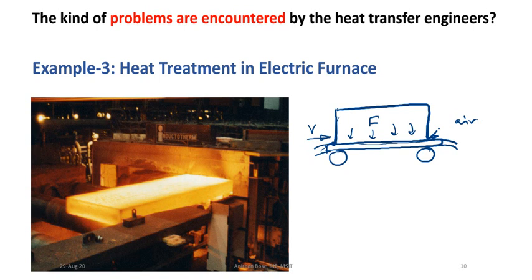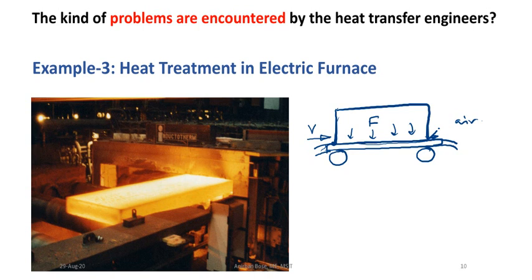That means a kind of air cooling will do. Suppose we want to enhance properties by normalizing of steel plates. So in that case, what kind of problems? The problem is the design of the furnace.